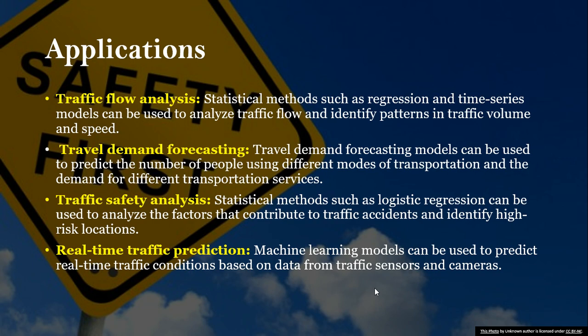These models can be used to predict the number of people using different modes of transportation, and how many different modes of transportation are being used. Traffic safety analysis. Statistical methods such as logistic regression can be used to analyze factors that contribute to traffic accidents and identify high risk locations.